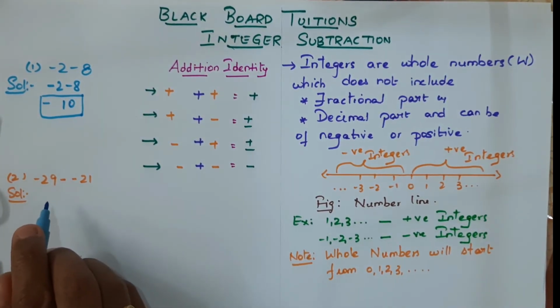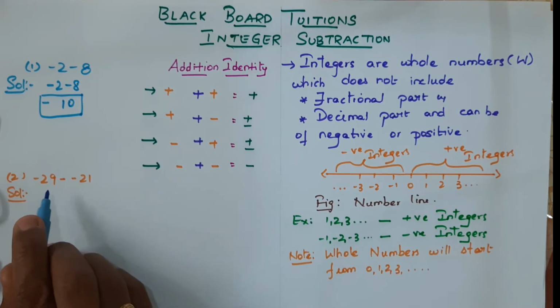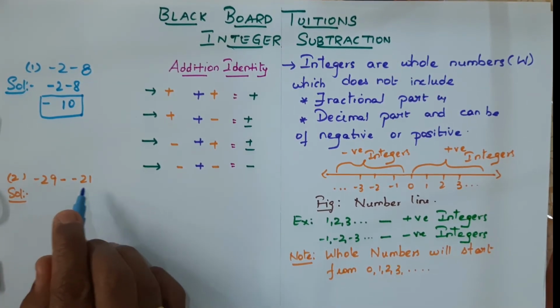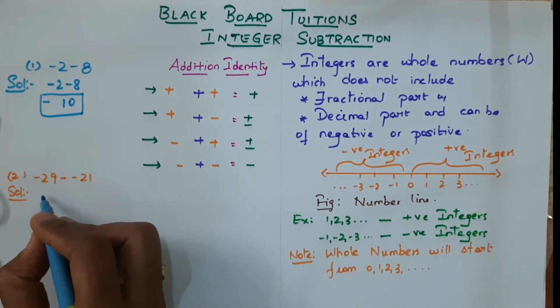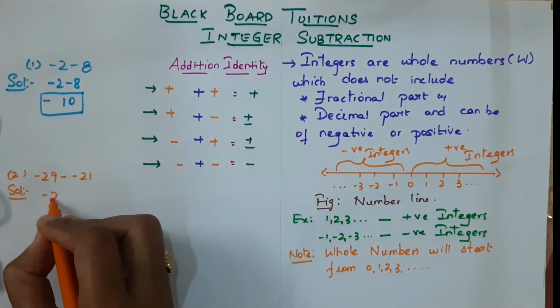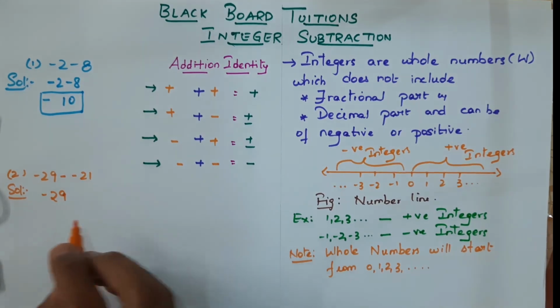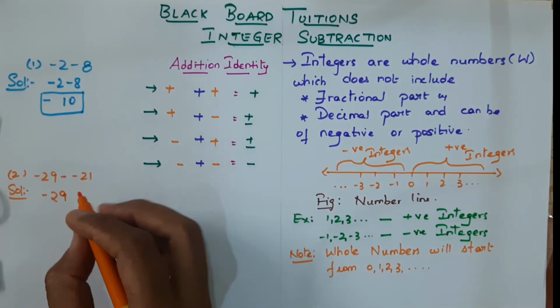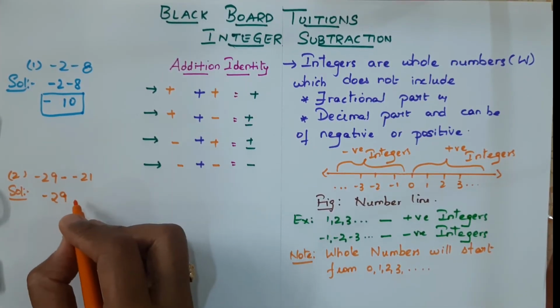If we consider the second example, -29 minus -21, -29 is the first number, which we do not change anything about, but here there are two minuses which will become plus.